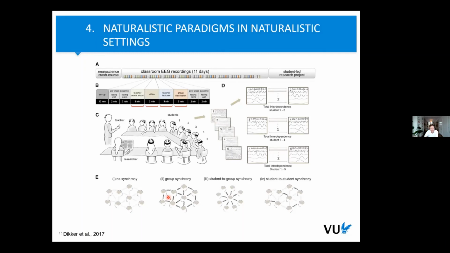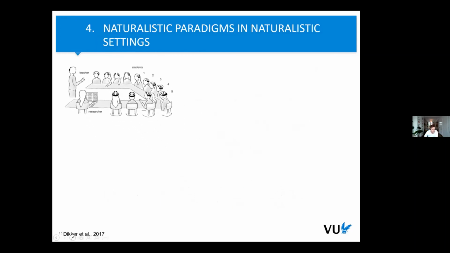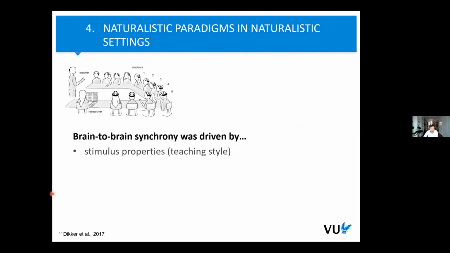They looked mostly at student-to-group synchrony, so how one student's EEG synchronizes to the rest. In this study, brain-to-brain synchrony was driven by stimulus properties, in this case the teaching styles.